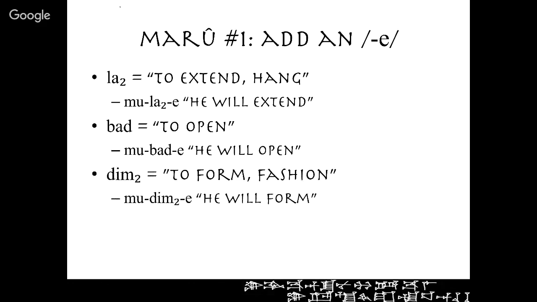Dim2, to form or to fashion. Mu dim2, he will form. But notice in each of these, the E. That E is marking the Marû third person. This is telling you that it's a Marû verb. So this is the first way that they do it.